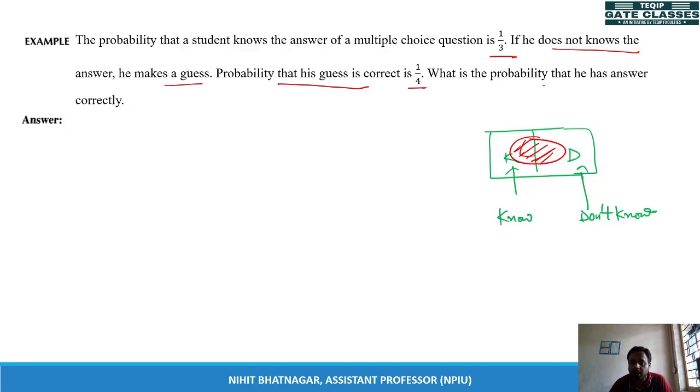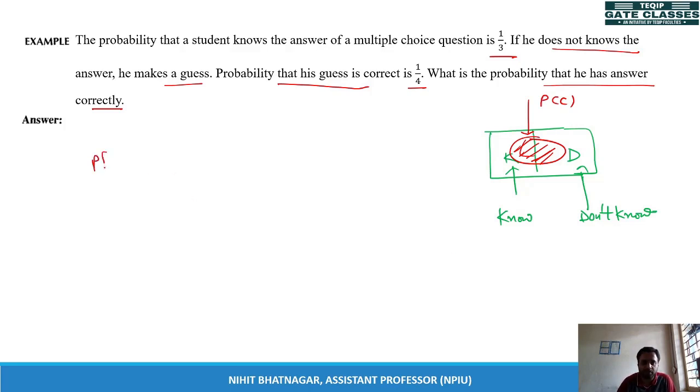Then what is the probability that he has answered correctly? This event is partially associated with the know and don't know events. It is the probability of getting the answer correct, PC.